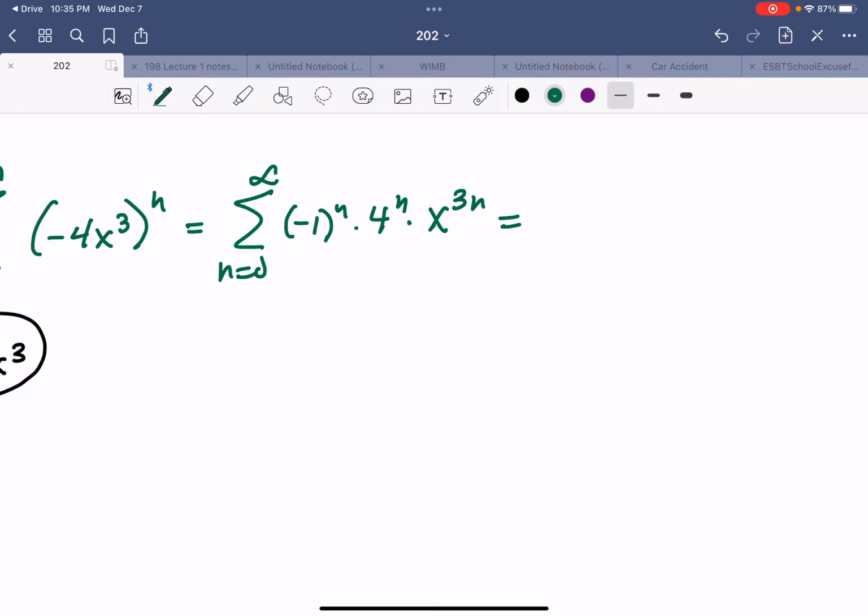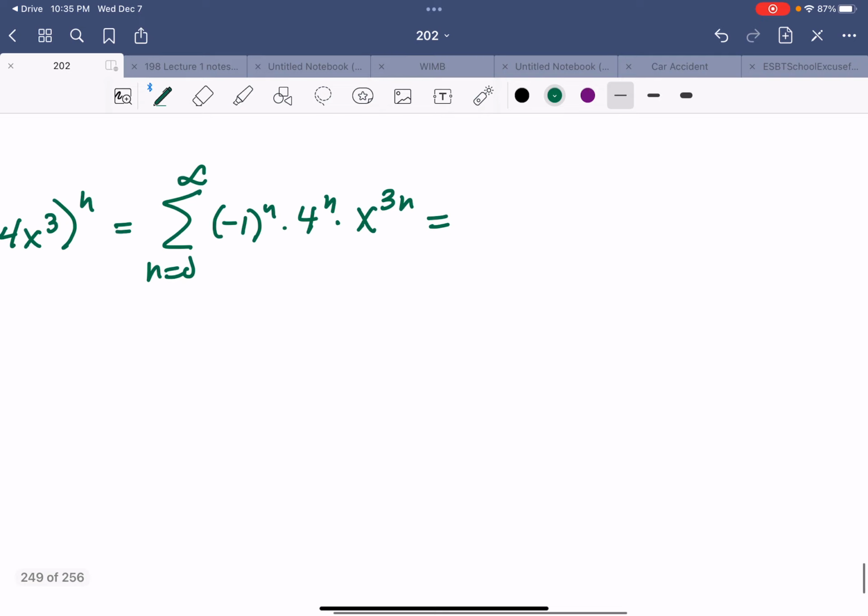If you plug in the first few, you plug in 0, you will get 1. Plug in 1, and you get minus 4x cubed.